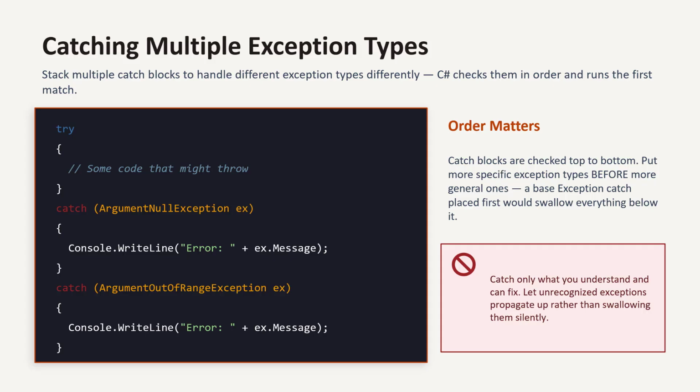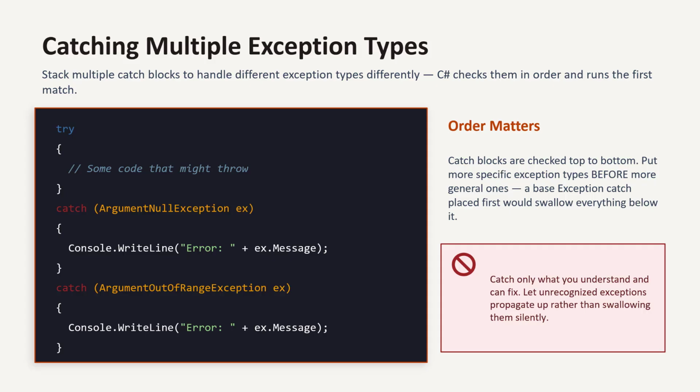So let's look at another example, because real code rarely has just one possible failure. We might have several different things that could go wrong inside of the same try block, so you might want to respond to each one of them differently, and C# lets you stack multiple catch blocks, each one targeting a different exception type.